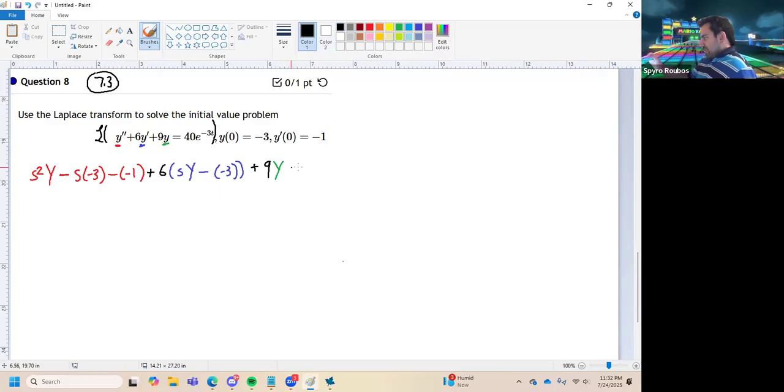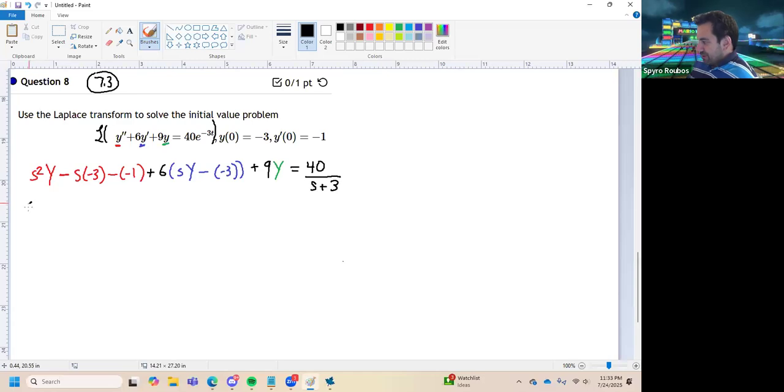And then on the right-hand side, don't forget to take the Laplace of the other side. It's a common mistake. So Laplace of 40e to the negative 3t, which is 40 over s minus negative 3, so s plus 3. Okay.